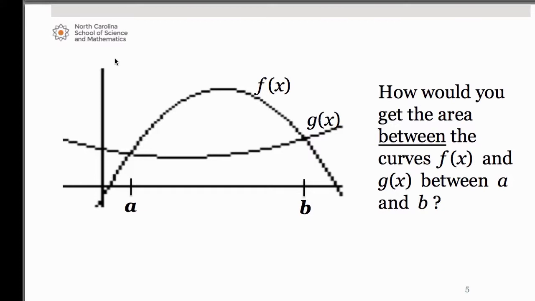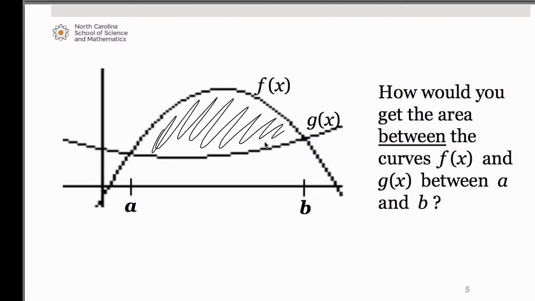Well, if all I'm concerned with is this area in between here, if I could find the length, if you want to think of it that way, from the f of x curve on the top to the g of x curve on the bottom, that would allow me to find the area by doing an integral. So I could do the integral from a to b of f of x minus g of x dx.